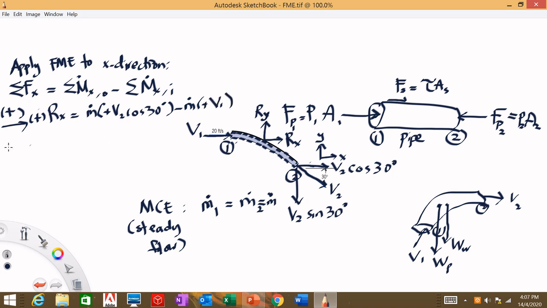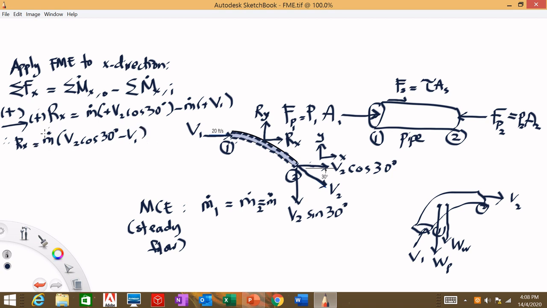Therefore, Rx is equal to m dot, you can write it once, times V2 cos 30 minus V1.